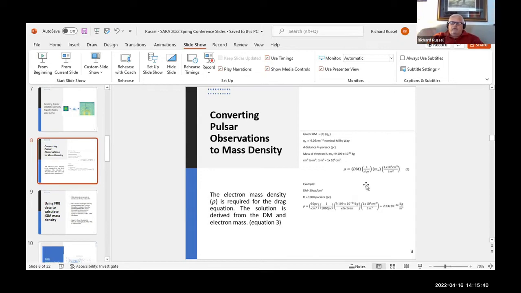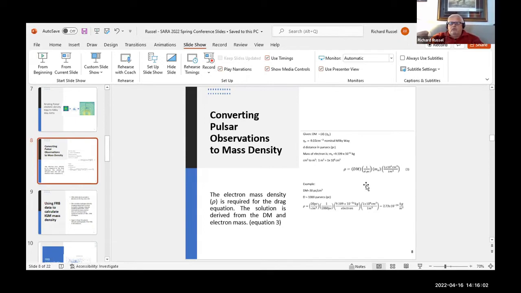But first I have to make an assumption on what the distance is. And since the distances are in megaparsecs, and there are only very few FRBs that have an optical counterpart with a distance known to it, that became very difficult.